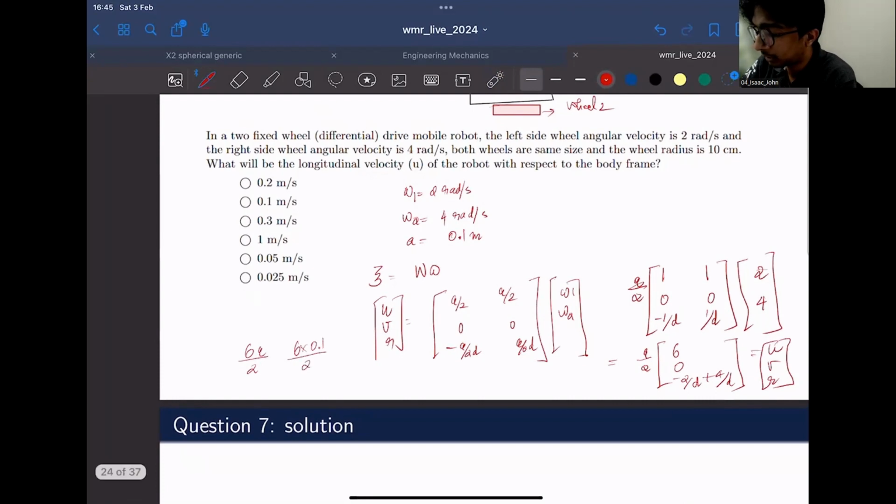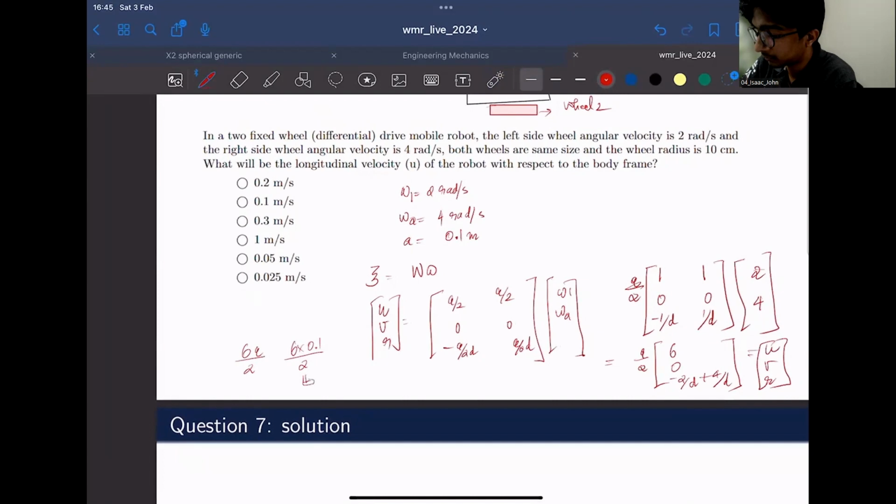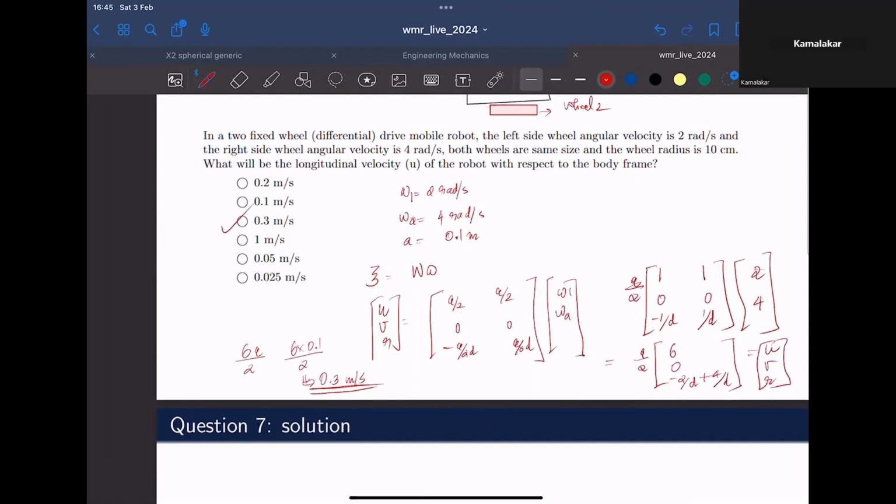So that will be 0.3 meters per second. I hope that is clear. Yes, sir. Yes, okay. 0.3.